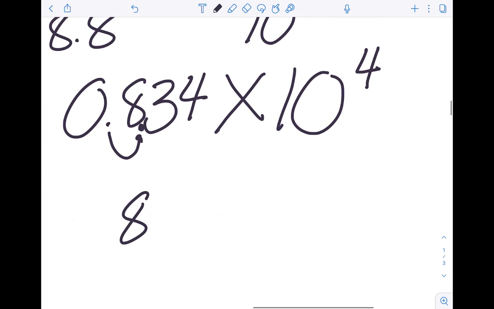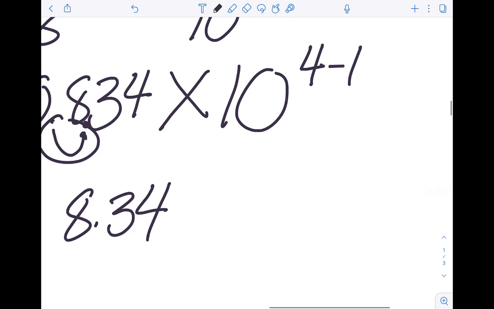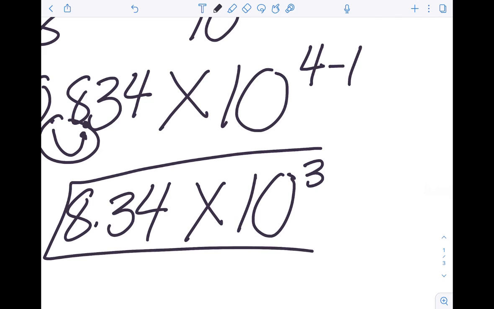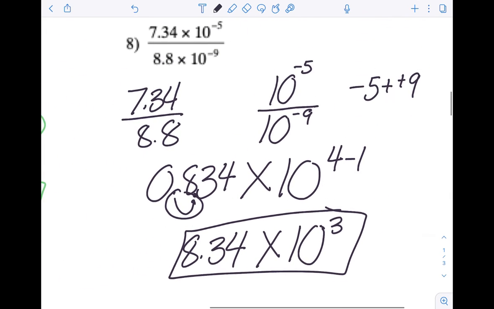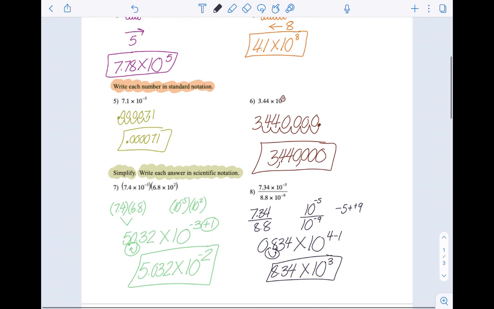So I can get 8.34. But since I moved to the right one, I have to subtract 1 here. So I get 10 to the 4 minus 1, which is 3. And that right there, kiddos, is our solution for our last problem for our quiz preview.